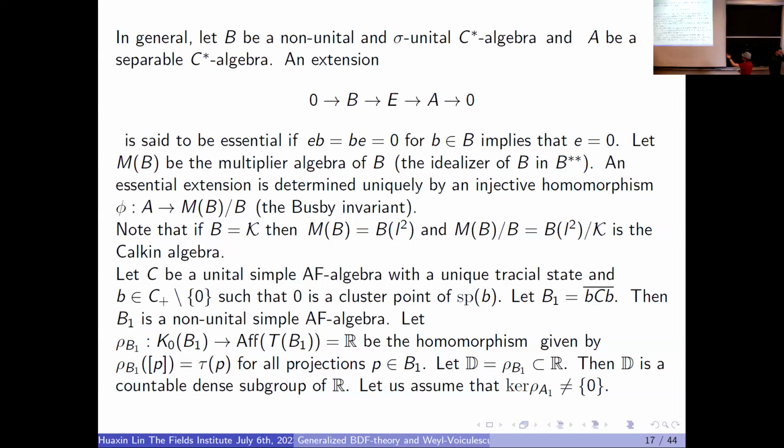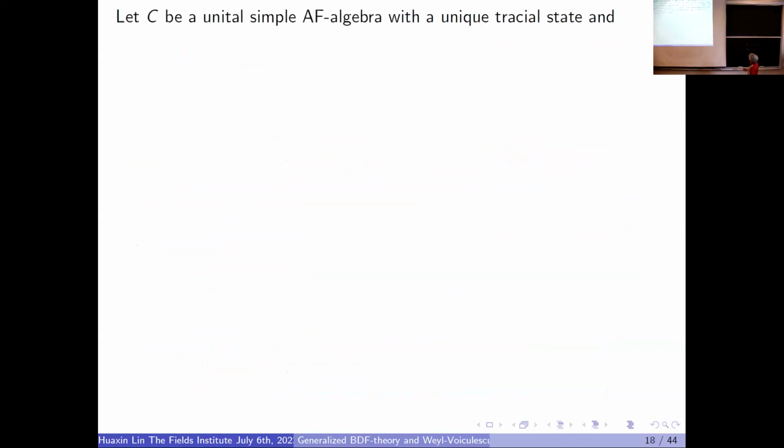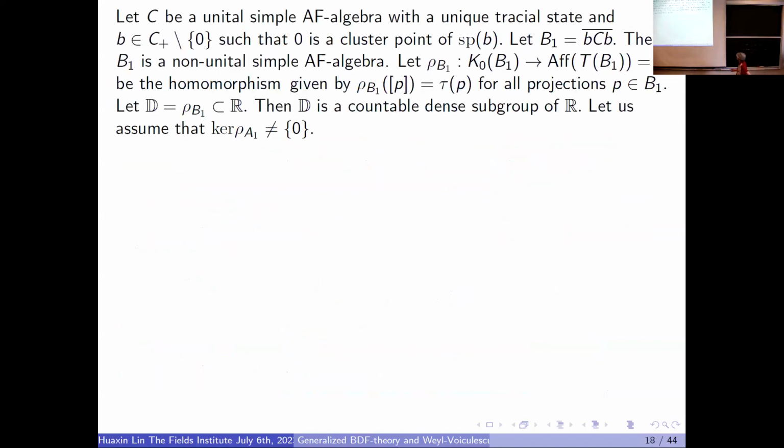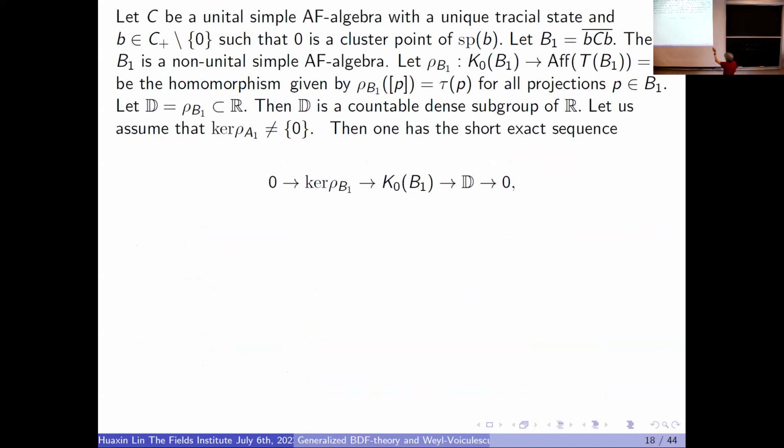Yeah, I guess I start with unital just to try to avoid why something is finite. So there are infinitesimal elements there. Then you compute K0, you have this short exact sequence.